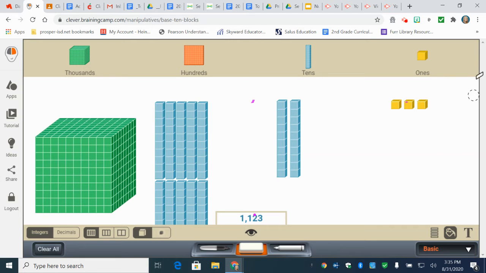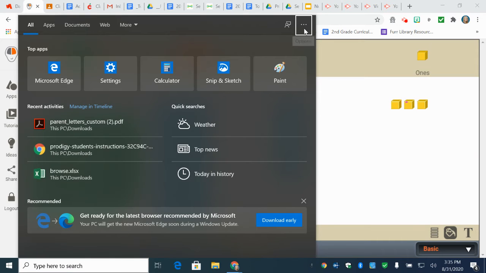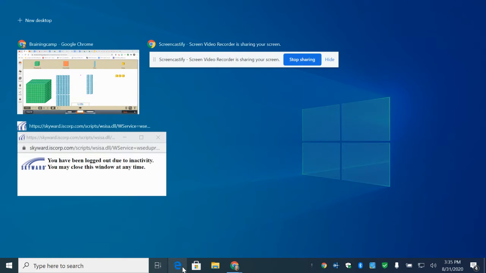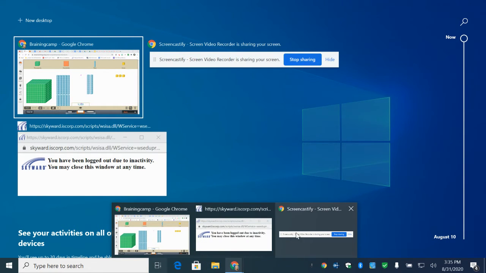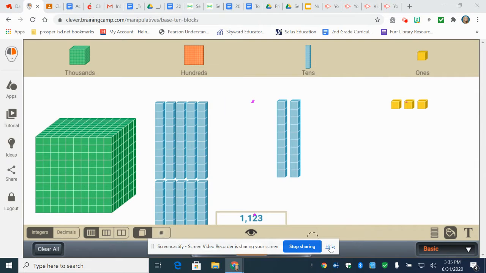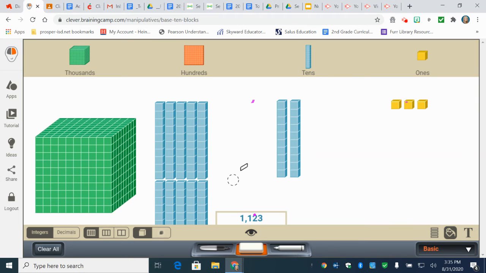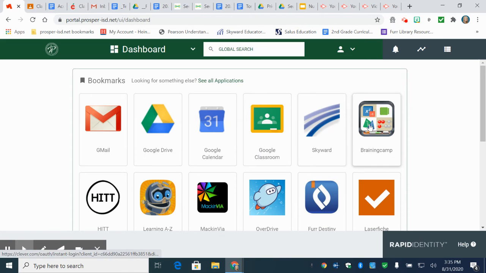Try 1,154 for me. All right, I'm going to get out of this and come back to it because it's not letting me have my tools back. All right, so let's try that number again.